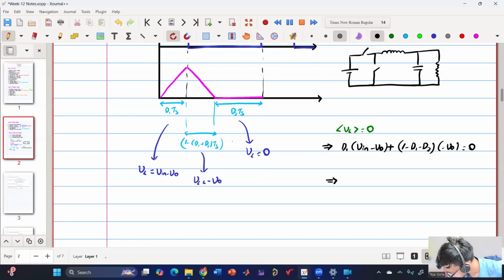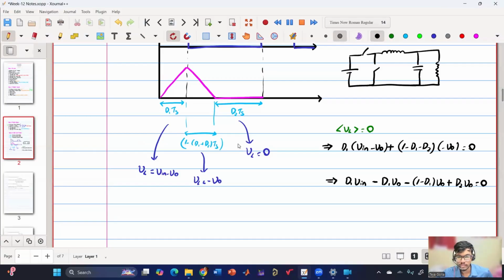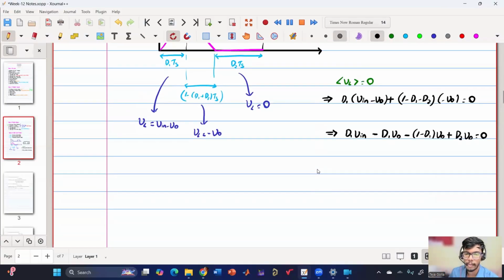So now if you calculate, we have d1 into Vin minus d1 into V0, plus, taking minus common, 1 minus d1 into V0 plus d2 into V0 equals 0. Agree? Yes, sir.